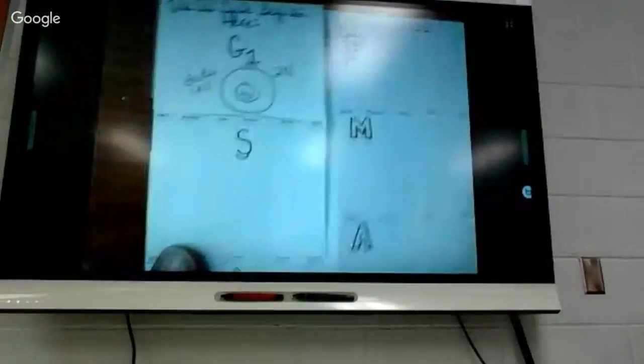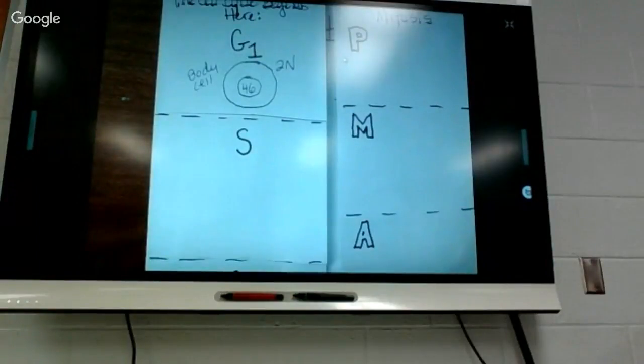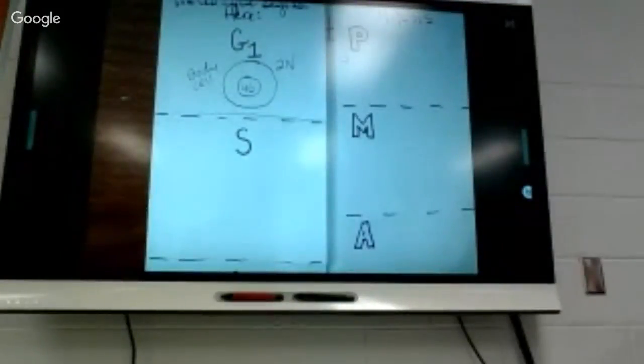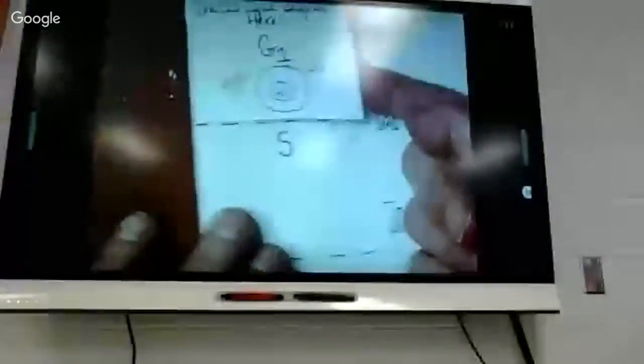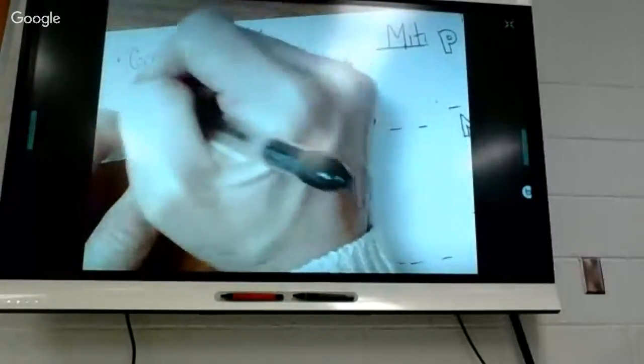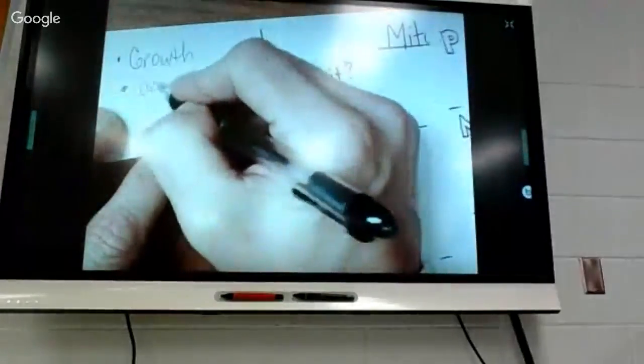All right. So after G1, what happened to the cell? What happened during G1 to the cell? Let's open the flap up, and we're going to put growth. What doubled? Not the DNA, but something else. So organelles doubled.